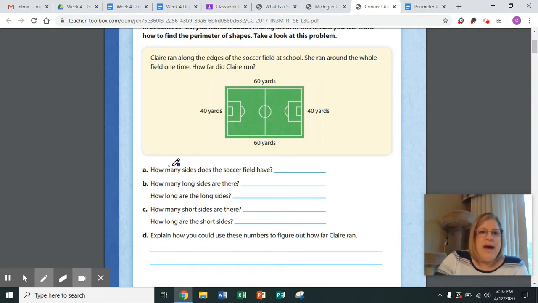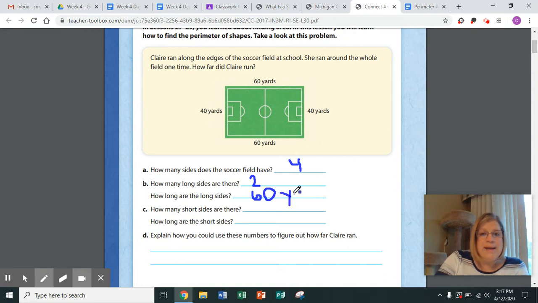Here we go. How many sides does the soccer field have? 1, 2, 3, 4. Very good. So we're going to put 4 there. How many long sides are there? 1, 2. Good. How long are the long sides? They are 60. And yards, I'm going to show you how to abbreviate yards.